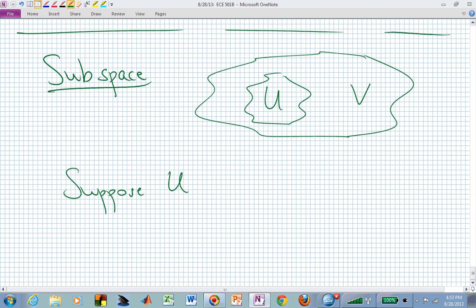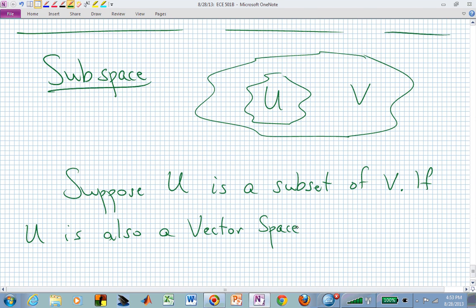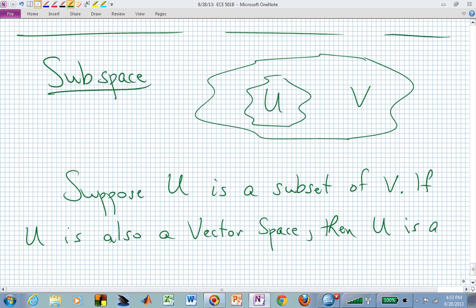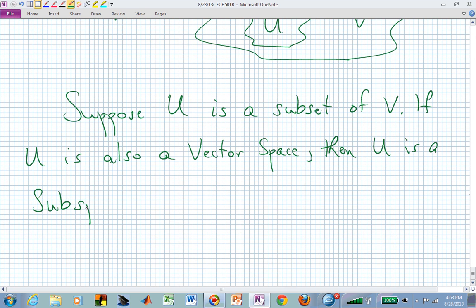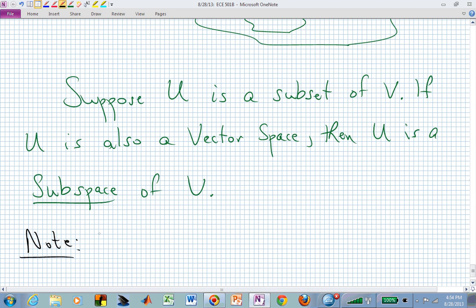Suppose this new set, U, is a subset of some vector space that we have, V. If in addition, U is also a vector space, in addition to being a subset of V, then U is what we will call a subspace of V. And I want you to keep it clear that we're making a distinction between a subset and a subspace.